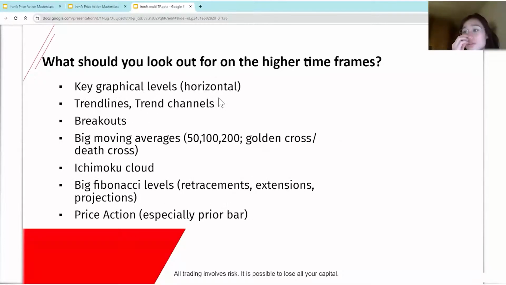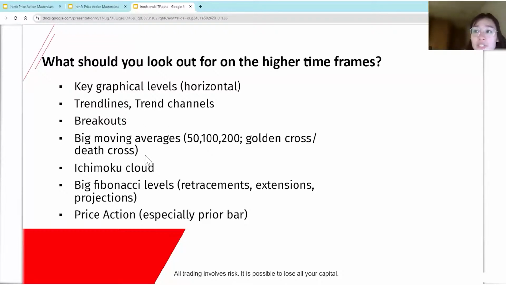So what we look out for on the higher time frames will be key graphical levels. These horizontal levels that we're talking about are those that we just went through: your support, resistance, pullbacks, overlaps, all of those. Trend lines, trend channels that we also just went through. Some breakouts, big moving averages.